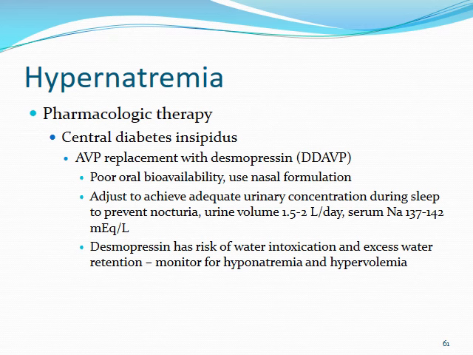This can also be utilized to prevent nocturia, because it's essentially antidiuretic hormone, so it's going to cause you to not urinate as much. Desmopressin does have a risk of water intoxication because it stimulates that thirst response, so it may lead to hyponatremia if it's not dosed appropriately.